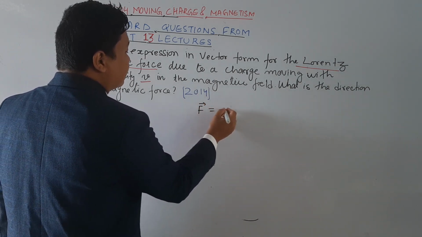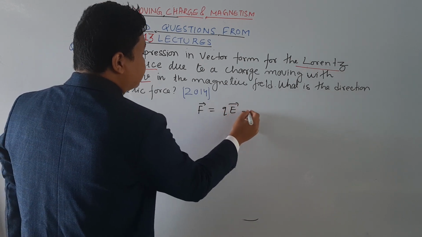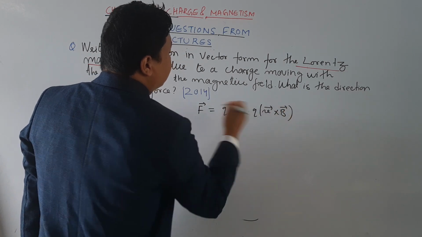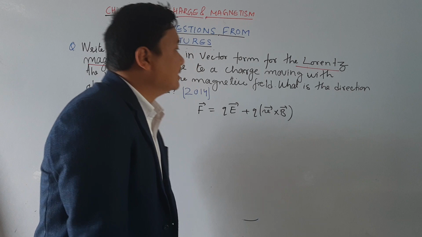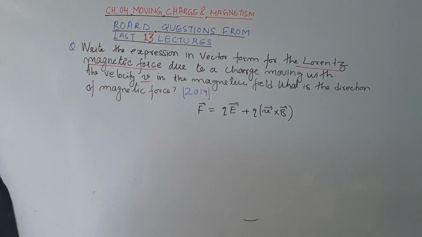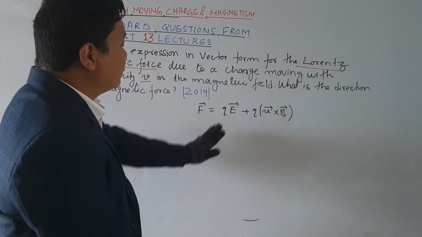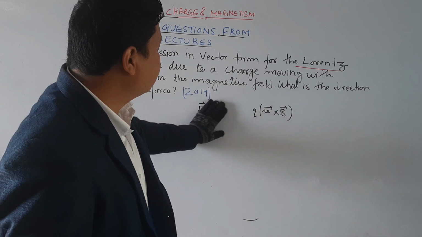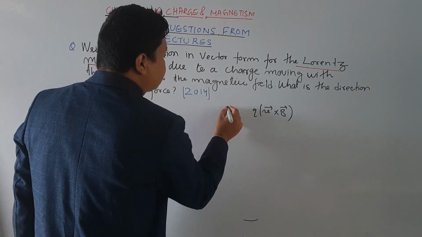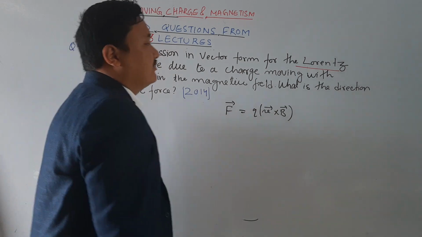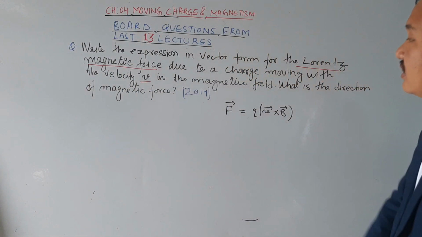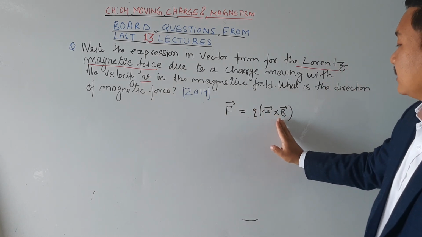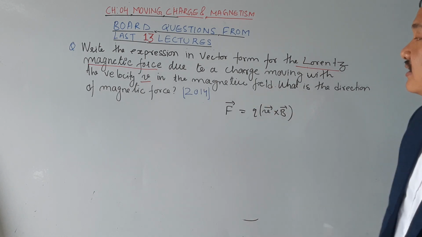Always in vector form, it is given as Q E vector plus Q V vector cross B vector, for both electric and magnetic fields. But the question says only the magnetic force, so we don't need to write Q E, because E is not there. So this is the magnetic force experienced by the charged particle with velocity v, this is the force, this is the magnetic field B, and Q is the charge.